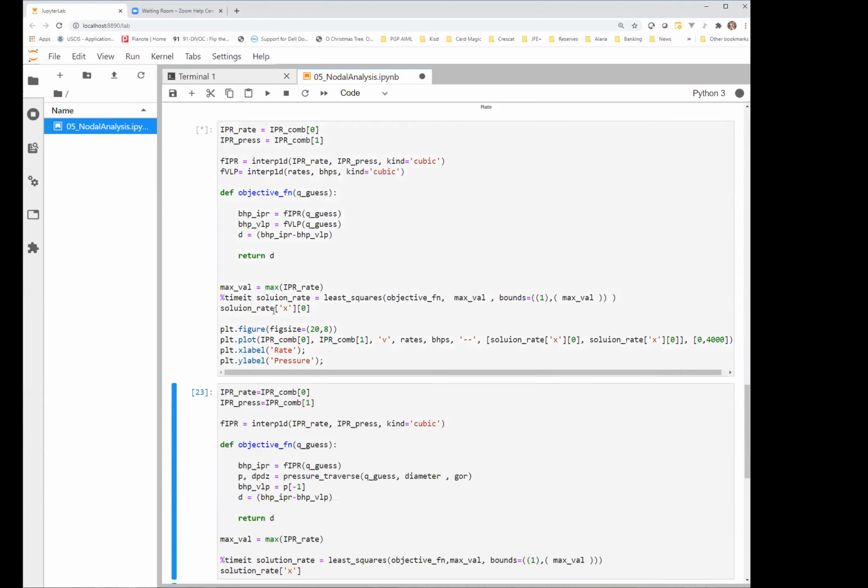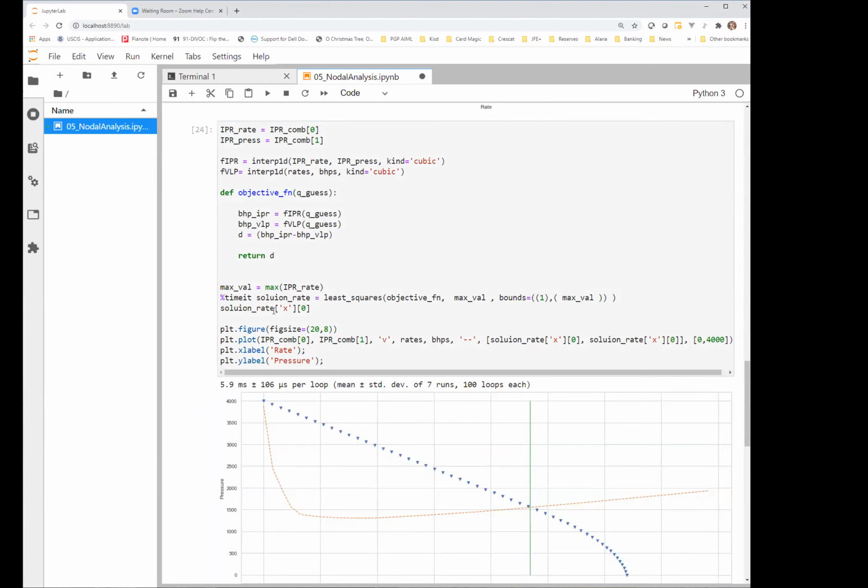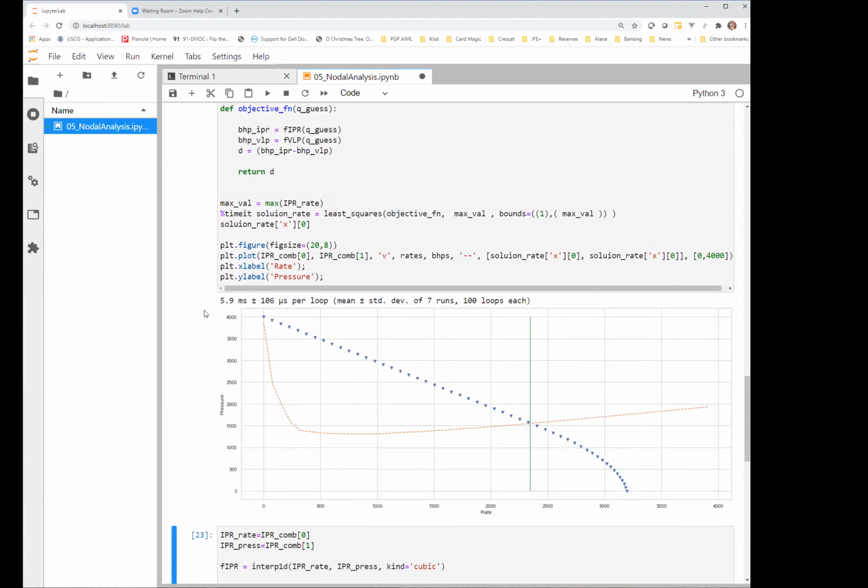So currently it's working, so it's taking more time just because it's calculating the iteration time. But it said, okay, I have my solution in 5.9 milliseconds, plus minus 106, whatever unit this is.